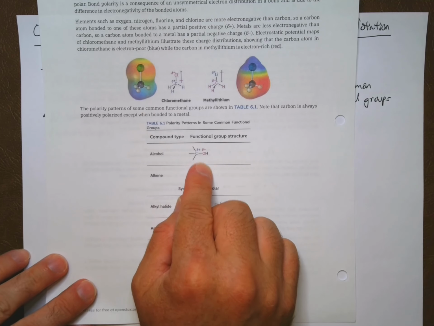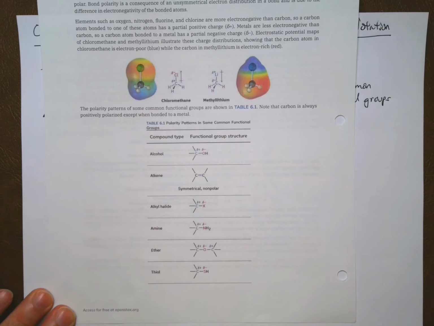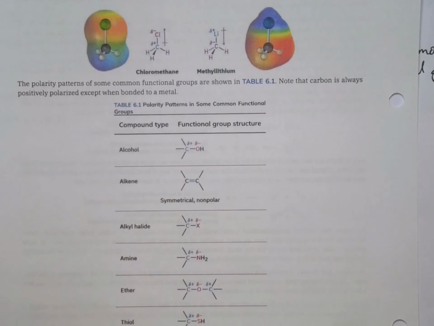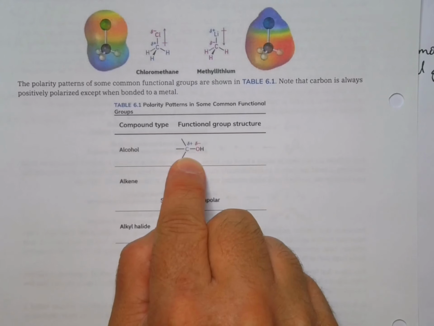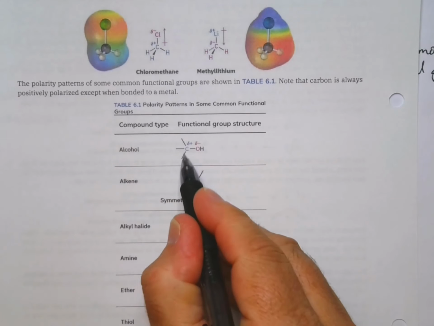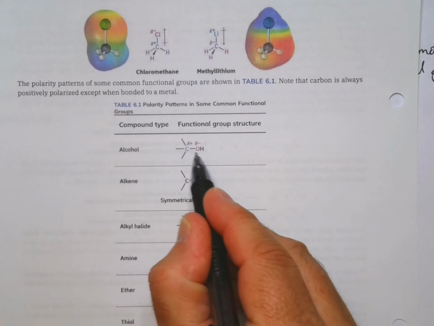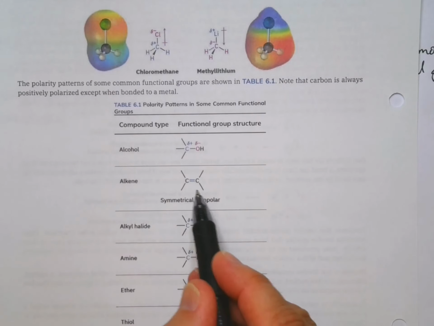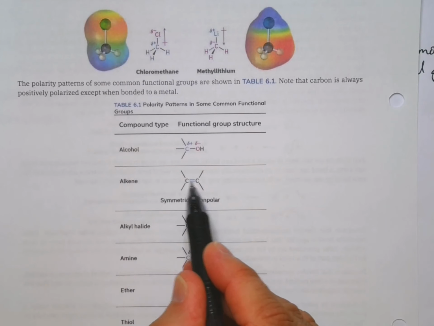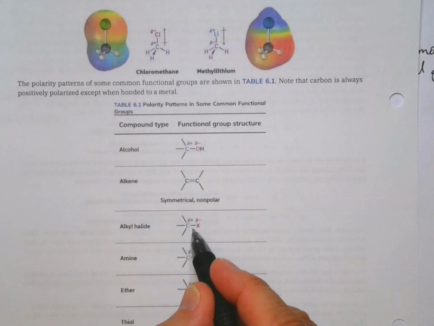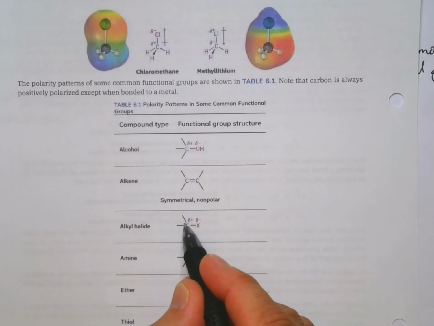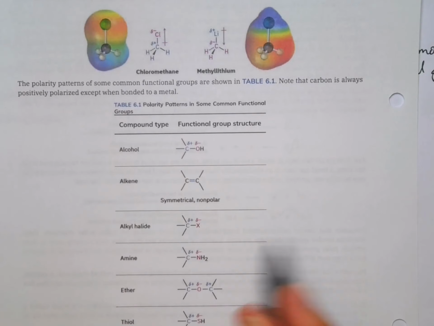So we can see one example is an alcohol. Let me zoom in a little here just so you can see that better. There we go. Alcohol, where we have our partial positive charge on the carbon and the partial negative charge on the oxygen. So that is polar. Notice the alkene with the CC double bond is symmetric and non-polar. An alkyl halide will have a partial negative charge on the halogen, partial positive on the carbon.